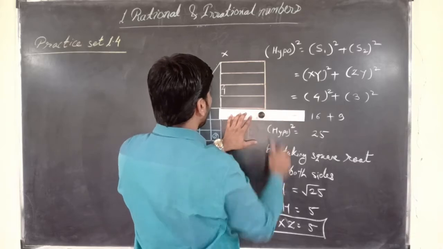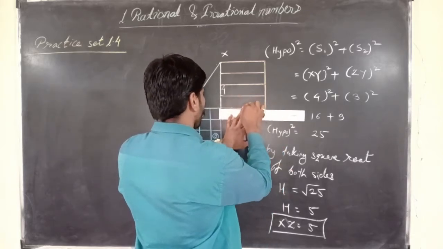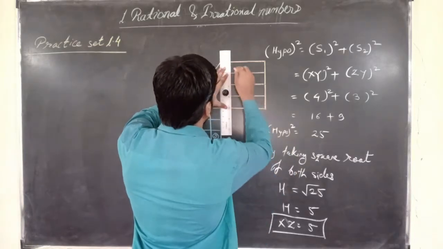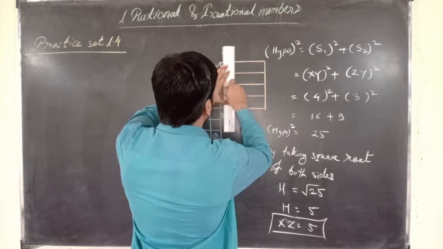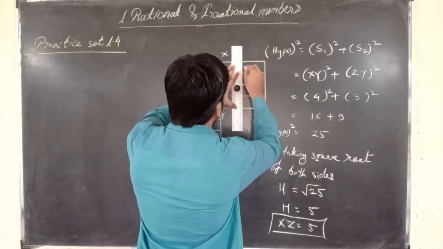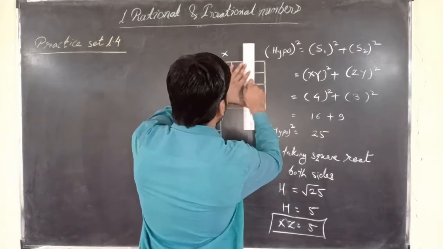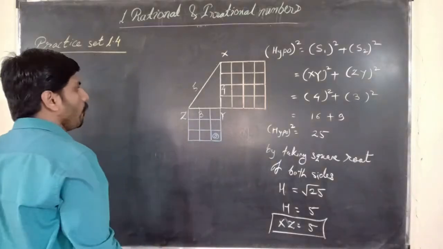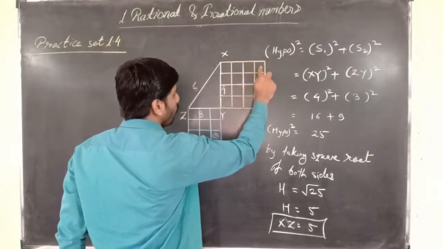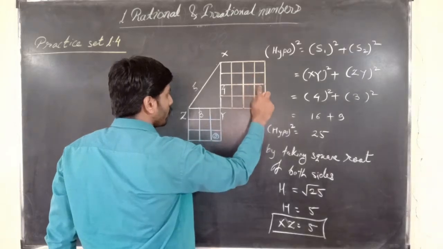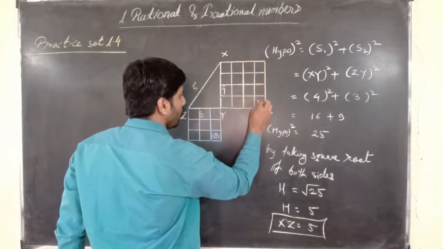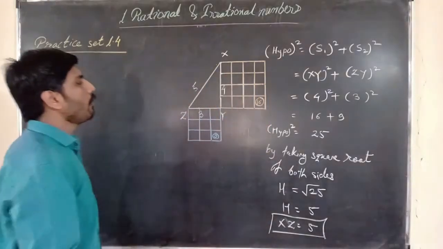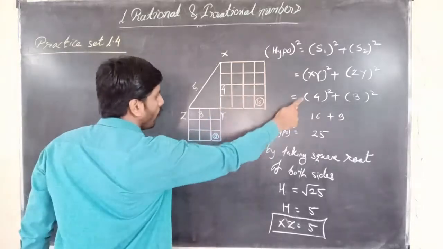We will divide another side in 4 equal parts. So here again we will get 4 parts, each part having length 1 unit. If we count these squares, these are 4, 4 plus 4, 8, 8 plus 4, 12, 12 plus 4, these are 16 squares of having length 1 by 1 unit. And we know that square of 4 is 16.